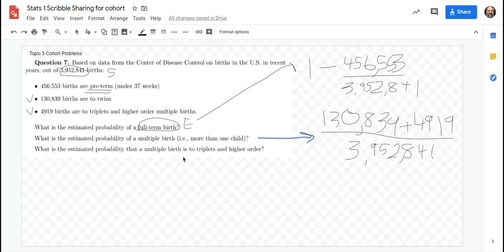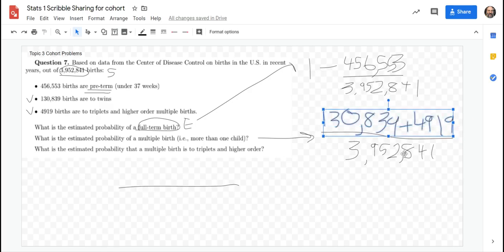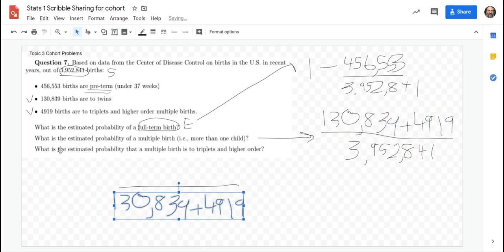So we've been told it's twins or triplets or higher. So the sample space is that number that I had before. The sample space, the bottom of the fraction, is the top of the fraction from the item before, right? This 130,000 something plus 4,900 something, that's the total number of twins and triplets and above. So it is the bottom.